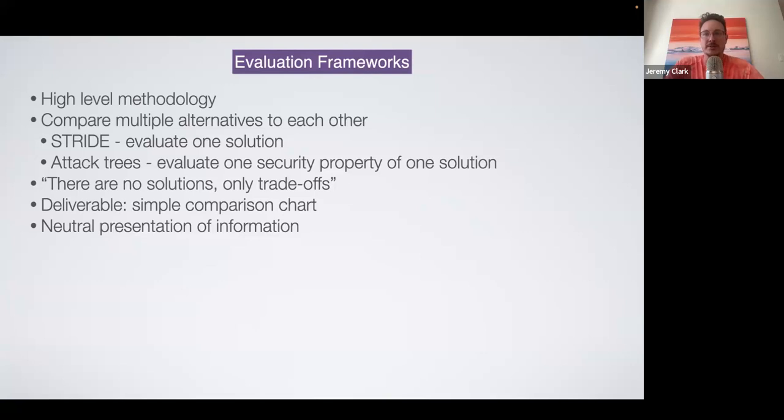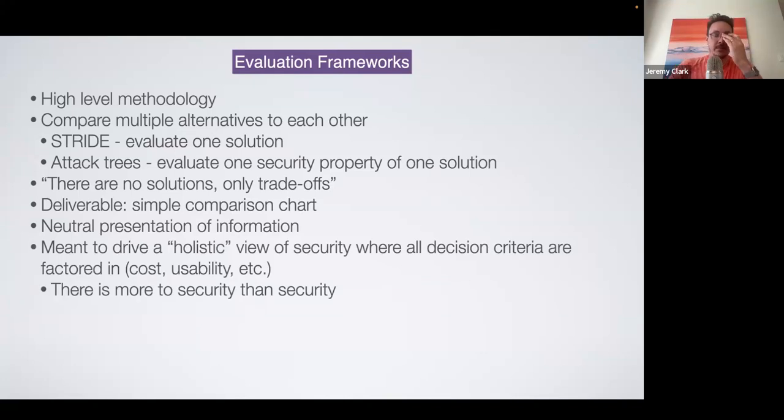The evaluation framework is really about being fair and trying to demonstrate all the different trade-offs that are involved in it. So it's meant to be a neutral evaluation, although some people use this kind of thing to try and promote their own solution. You'll see that as well. But anyways, for the purposes of this class, we're just trying to do it in a neutral way.